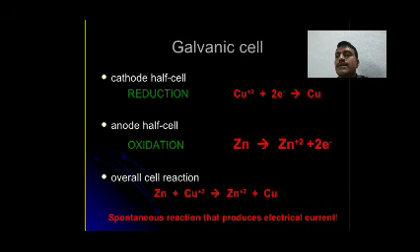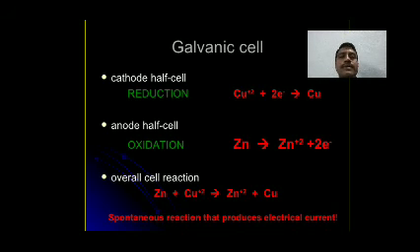An electrolytic cell requires a source of electricity like a battery. In a galvanic cell, the cell acts as a source of electricity. It produces electricity by the spontaneous redox reaction from anode to cathode.